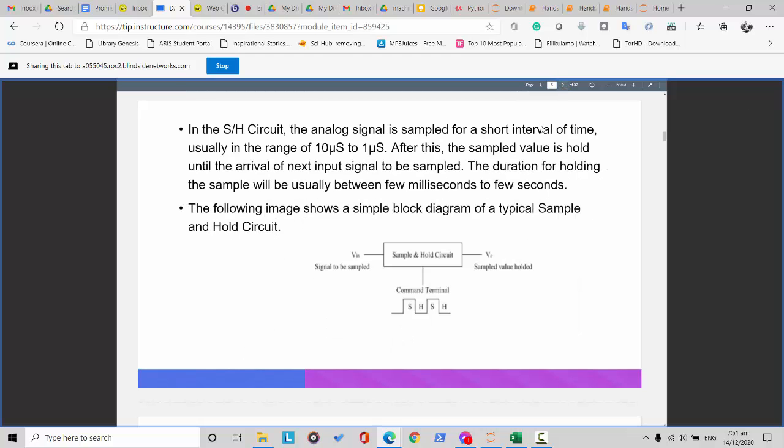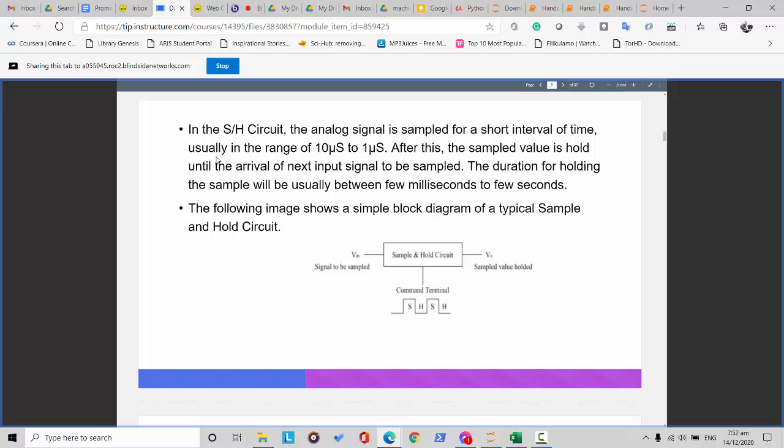Alright? So in terms of the sample and hold circuit, the analog signal is sampled, no? As I have said, when we say sample or sampling, we are actually capturing or taking the voltage of a continuously varying signal. So how much time does the circuit need to do that?